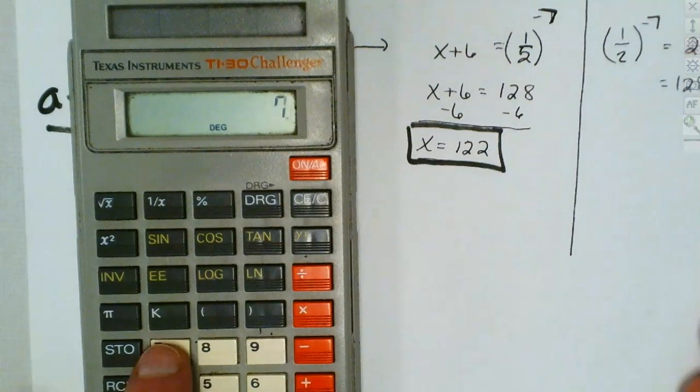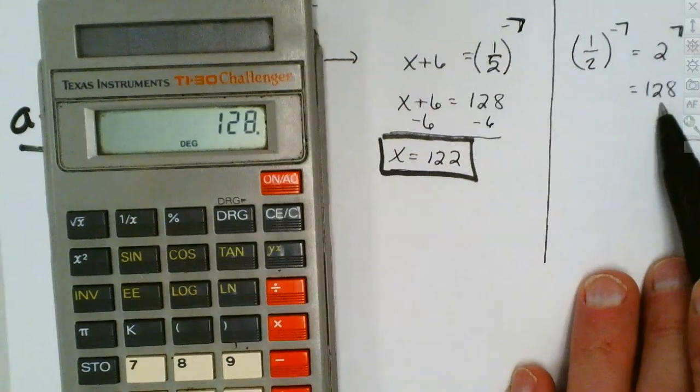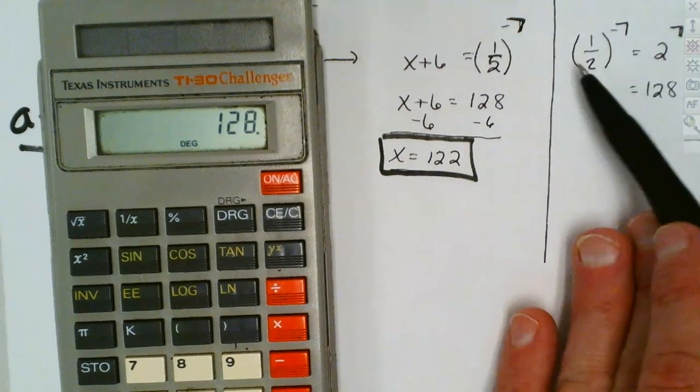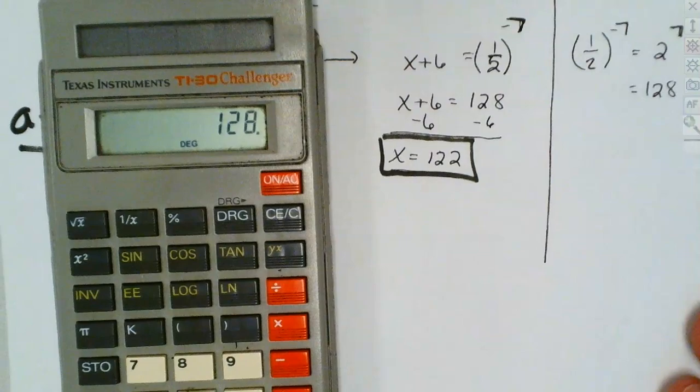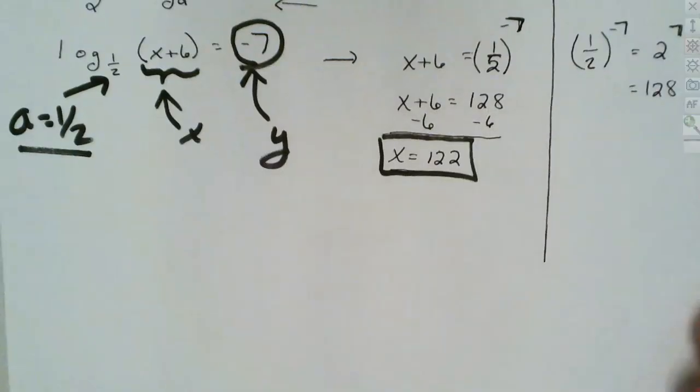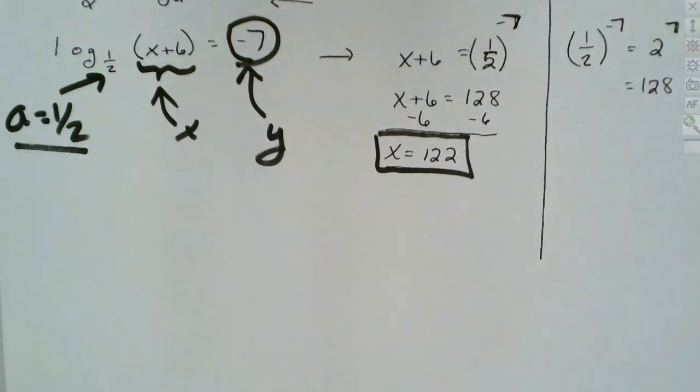Then you could do 7, and then hit your negative, and hit equals. And that would give you the same 128. You could do it with a calculator, or you can just rearrange it and do it by hand. Either way, you then set that equal to your x plus 6, move that 6 over, so x is now 122.